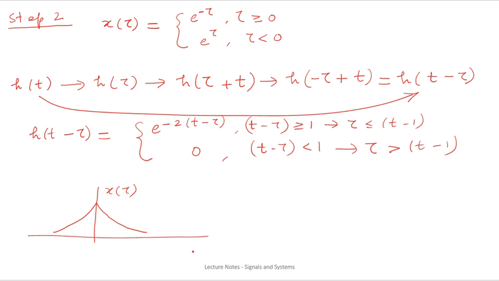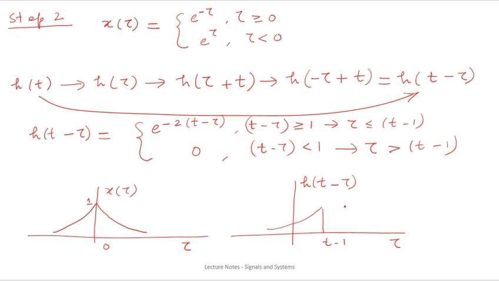This will be x of tau, the variable is tau here, this is 0, this amplitude is 1, and when you plot h of t minus tau, it will come something like this. So this is t minus 1.